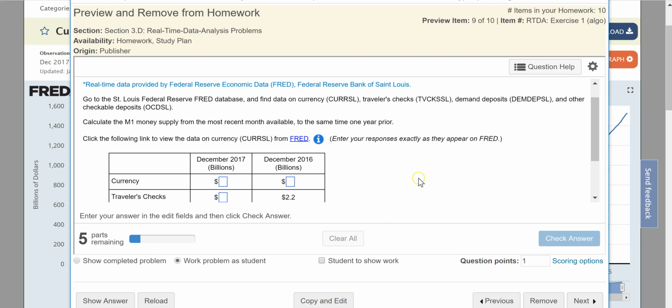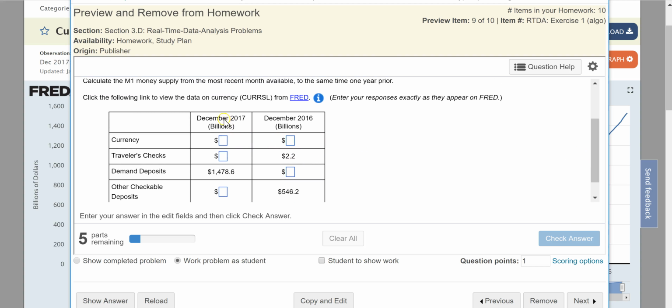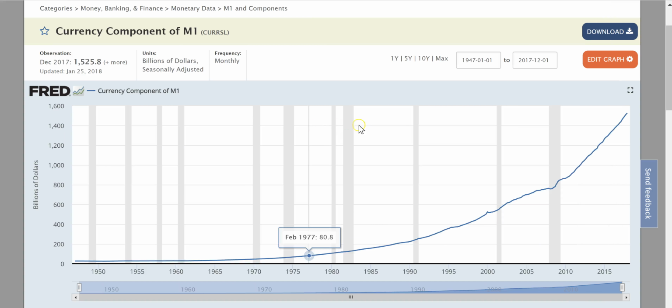So the question is asking us first to fill in this table. Looking at this table, we can see the 2 columns here are the 2 time periods. One is December 2017, another one is 1 year earlier, which is December 2016.